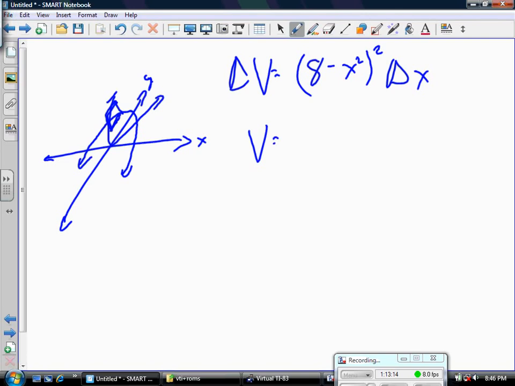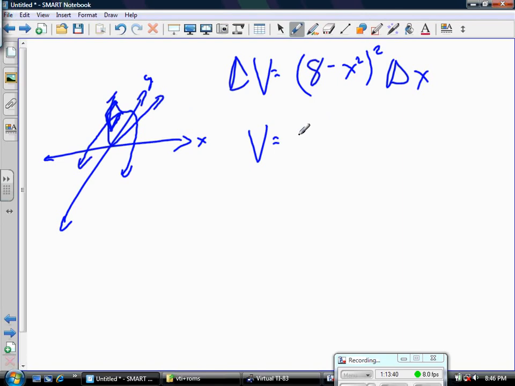So what's the whole volume? If you add up all these square slices, they're infinitesimally thin, all of them from this point of intersection to this point of intersection. Realize that the slices are all different sizes. Here, it's really humongous, right on the y-axis. Here, it's really small. Right on this point of intersection, it's 0. So some are huge, some are small.